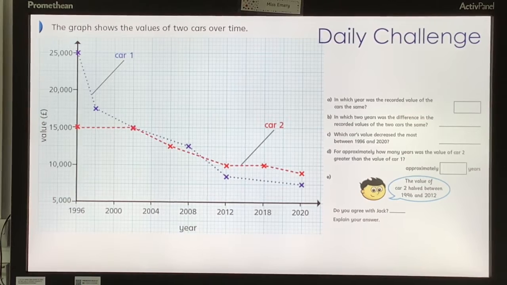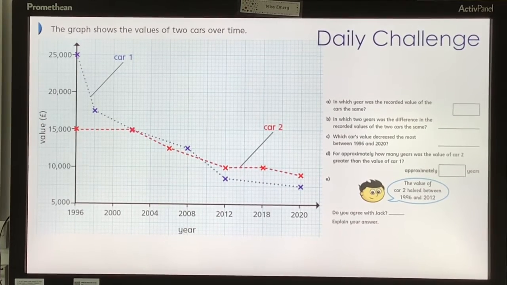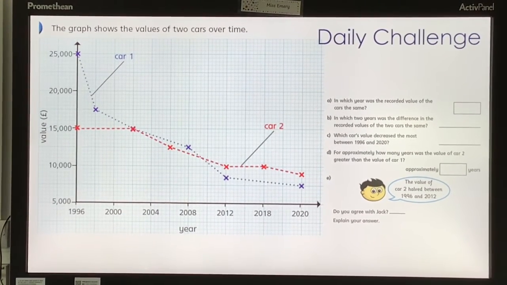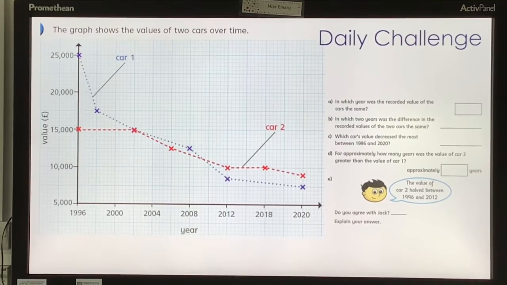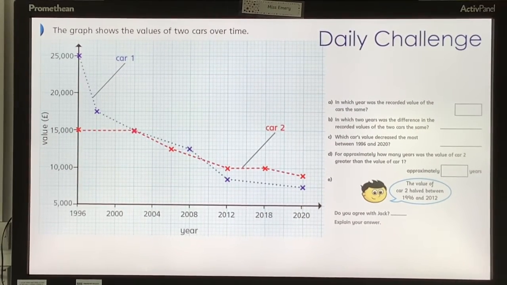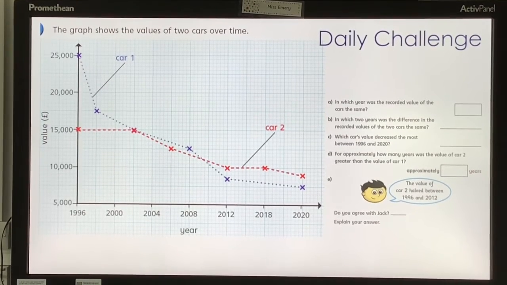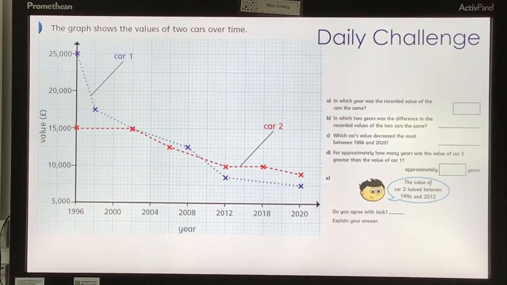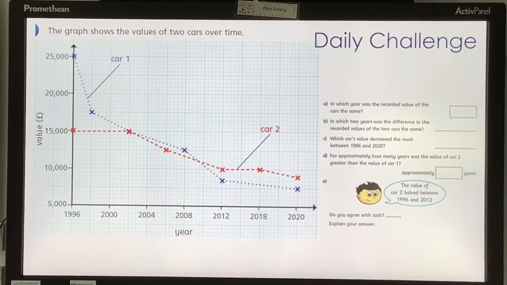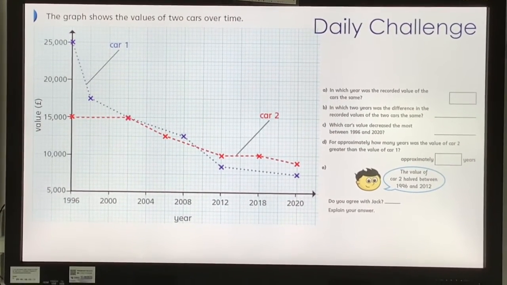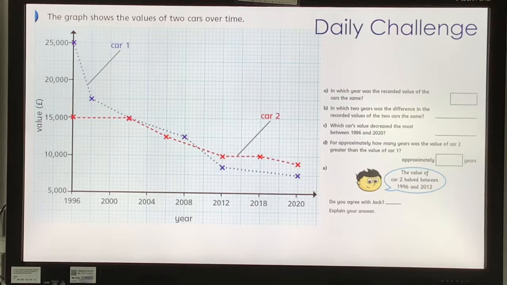D. For approximately how many years was the value of car 2 greater than the value of car 1? E. The value of car 2 halved between 1996 and 2012. Do you agree with Jack? Yes or no? And explain. Pause the video and have a go, but remember there is another problem.